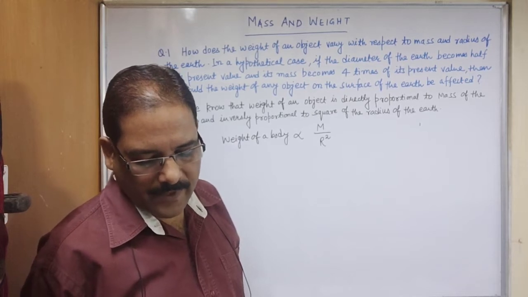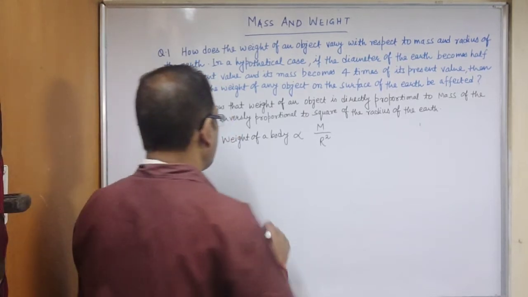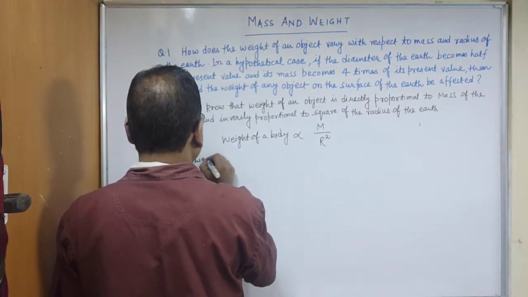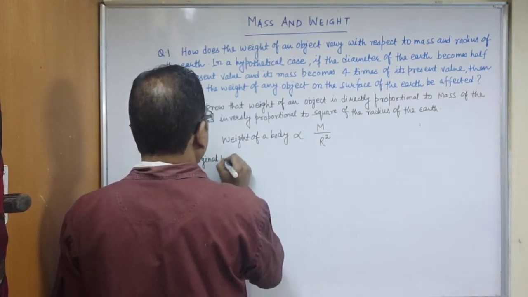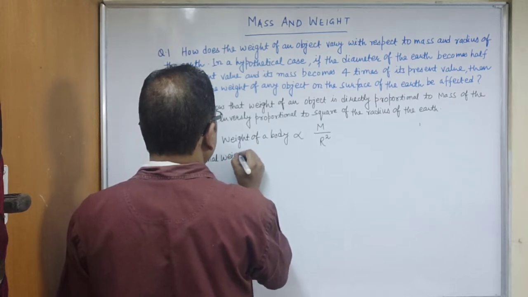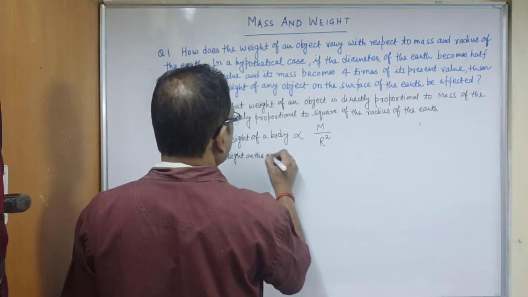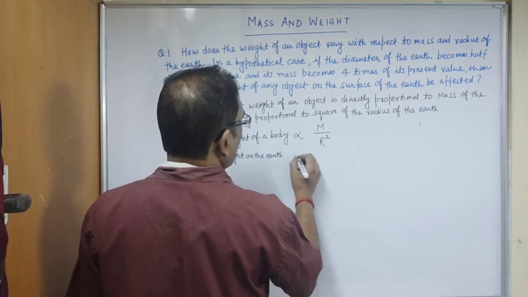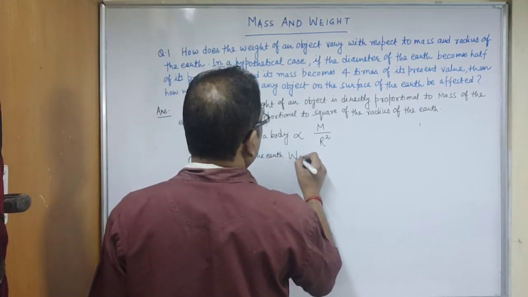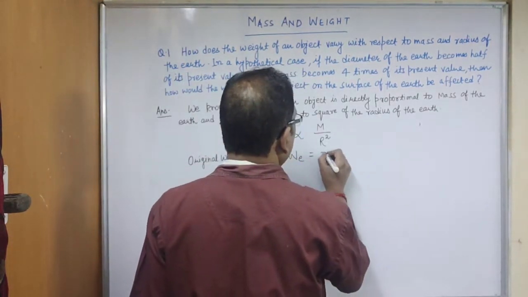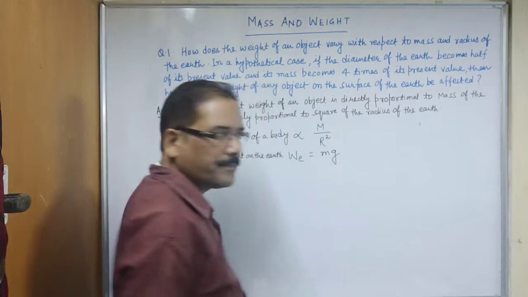Now, as we know, original weight on earth, if we represent it by letter WE, we can write mg.